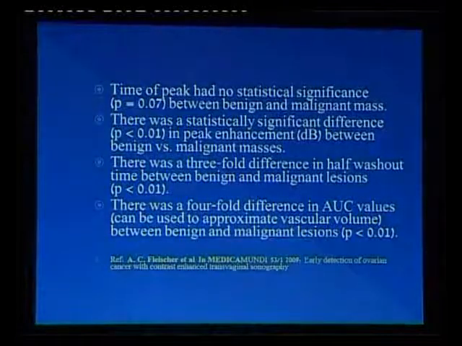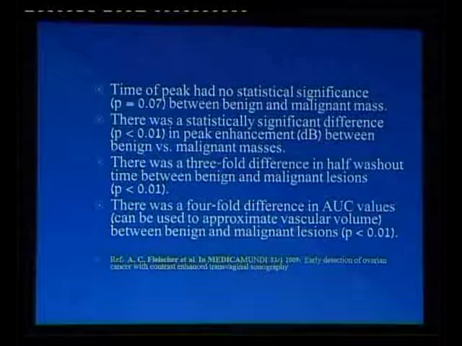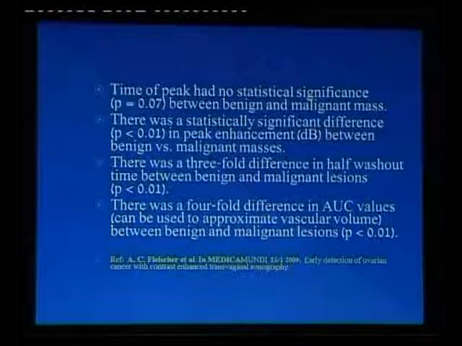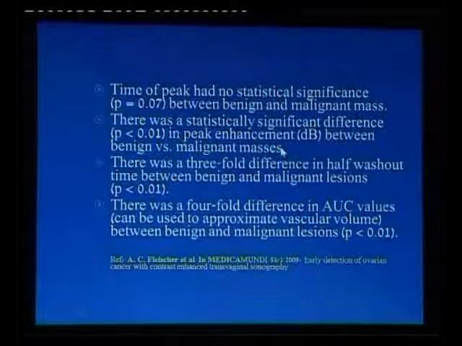So typically, just like endometrium or anywhere else in the body, we can be subjective or we can be objective. That means we can plot the time intensity curves even in the ovarian mass. And what has been observed is that there is a statistical difference between malignancies as far as the peak enhancement is concerned.